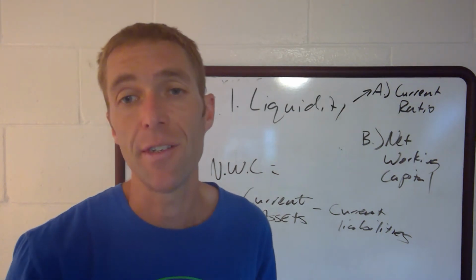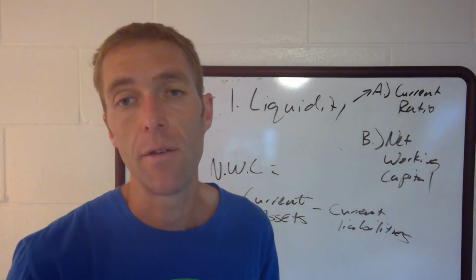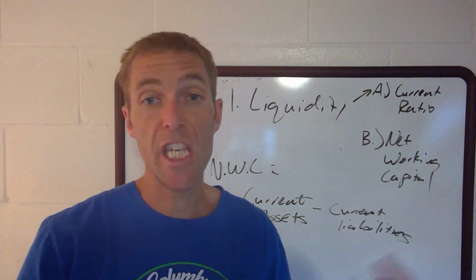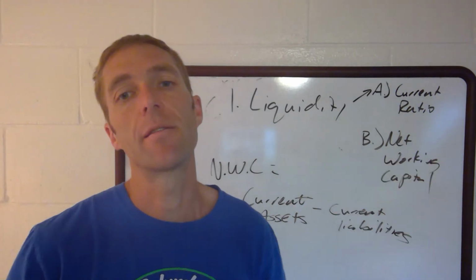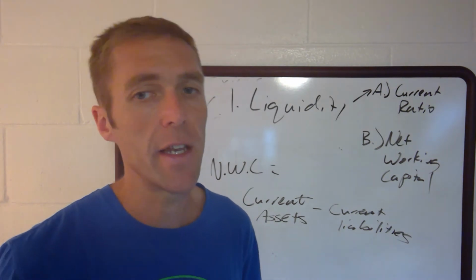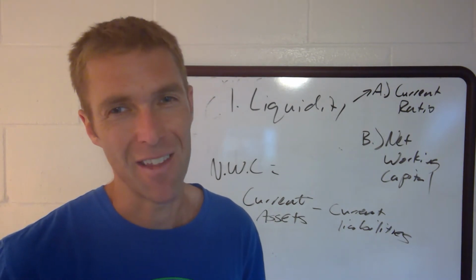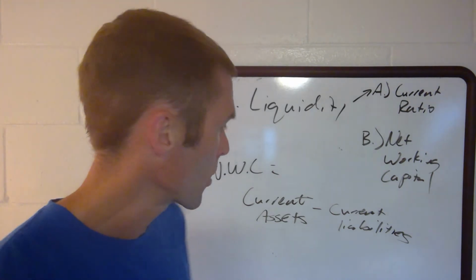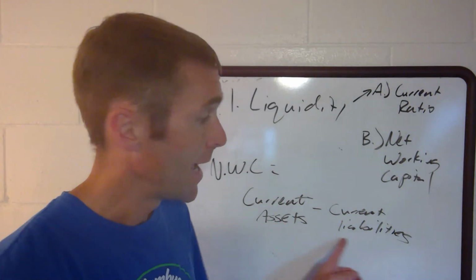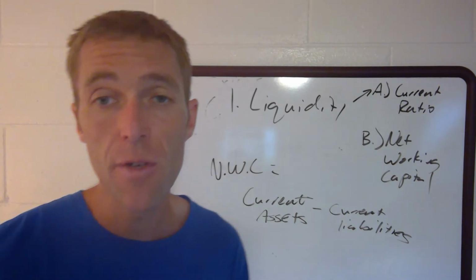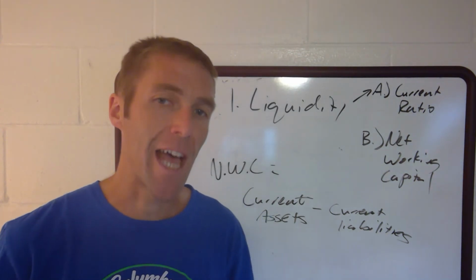You have $10 and you have no current liabilities. You could say to the banker, my current ratio is amazing. It's 1,000, 1,000,000, infinity. But you don't have anything. You have $10. Net working capital says, take all of the things that you have that are cash and pay off all the things that are due soon. And what do you have left?